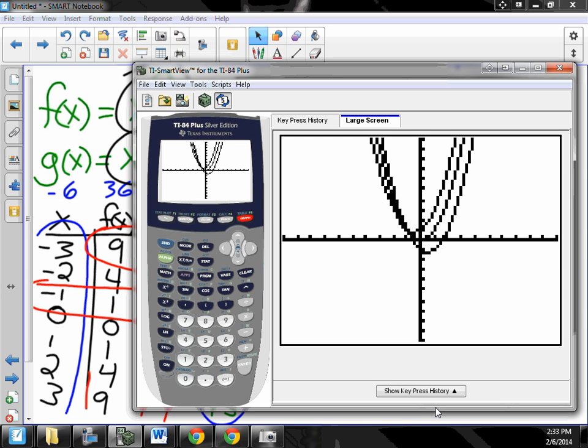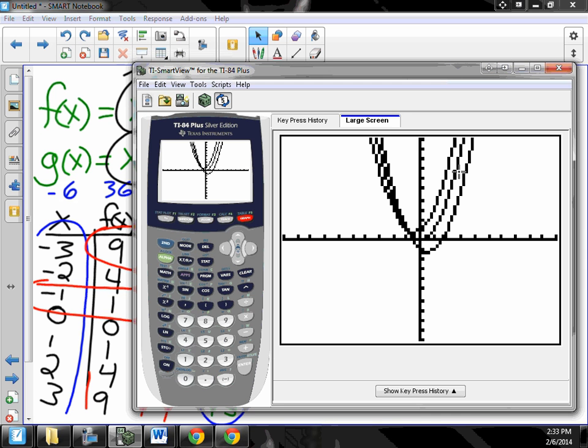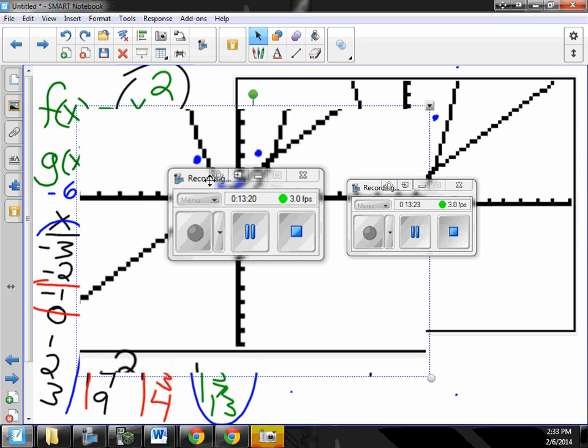Can you see that? So let's take a picture of this. Then I can draw on it. Oh, shoot. Oh, nice.